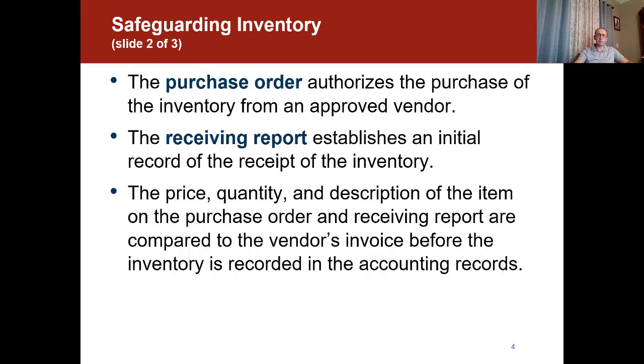So now let's talk a little bit more about the purchase order. As it says here, it authorizes the purchase of the inventory from an approved vendor. And by the way, businesses don't just shop around for the lowest price, the best deal, or the highest discount in order to get their items.